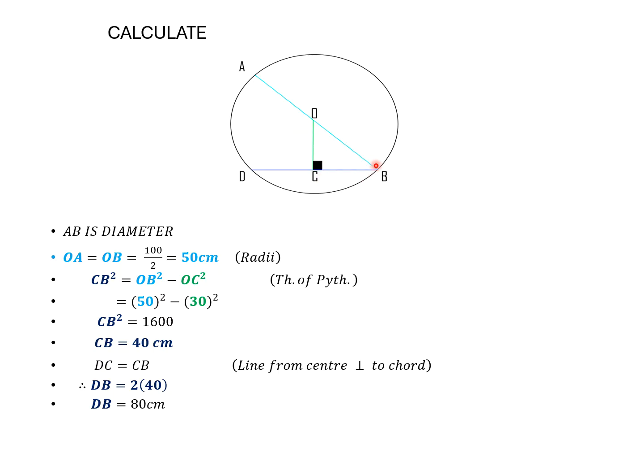Right? But this is now where theorem 1 comes in. If the line from the center is perpendicular to the chord DB, then automatically, according to the theorem, DC must equal CB. So you see there, DC equals CB because line from center is perpendicular to chord.